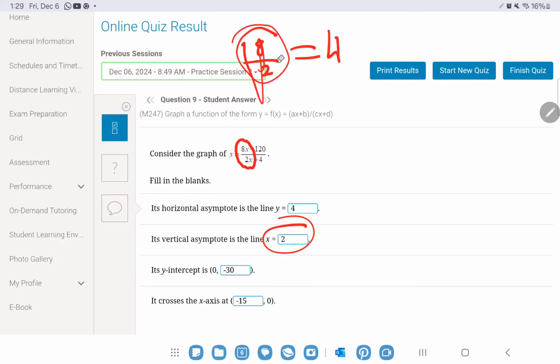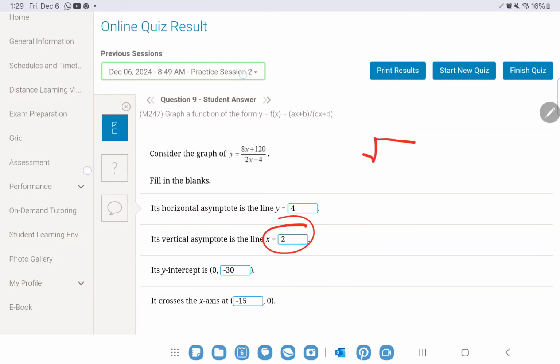Another way you could do it is by dividing both polynomials by each other. So 8x plus 120 divided by 2x minus 4. Let me just make it more clear. You solve 8x divided by 2x is 4. And then you multiply it. 4 times negative 4 is negative 16, and 4 times 2x is 8x.